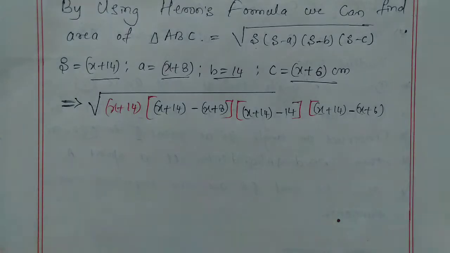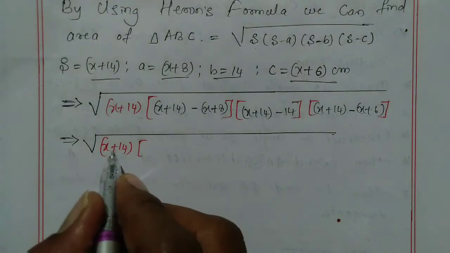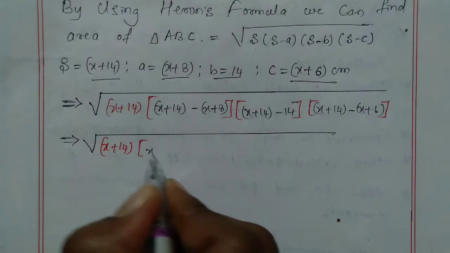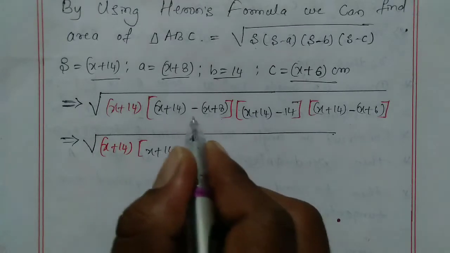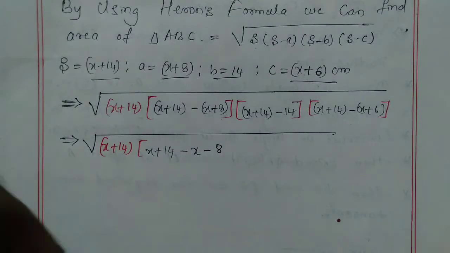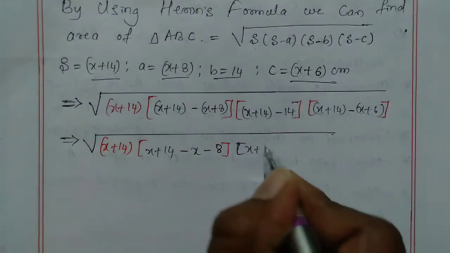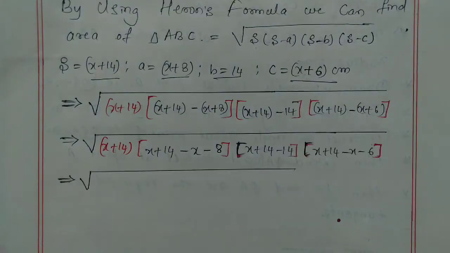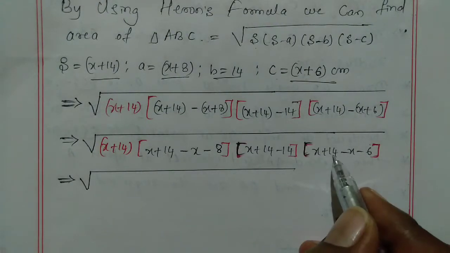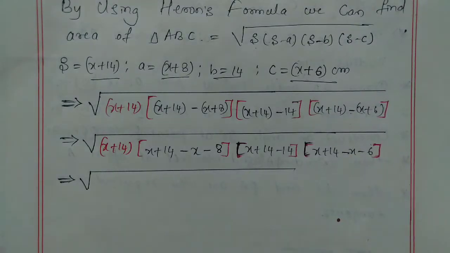So next I will simplify this one. Which equals to, I will write this x plus 14 as it is, into x plus 14 I will bring outside, minus into plus is minus x, minus into plus is minus 8, into x plus 14 as it is, minus 14 as it is, into x plus 14, and minus into plus is minus, minus 6.